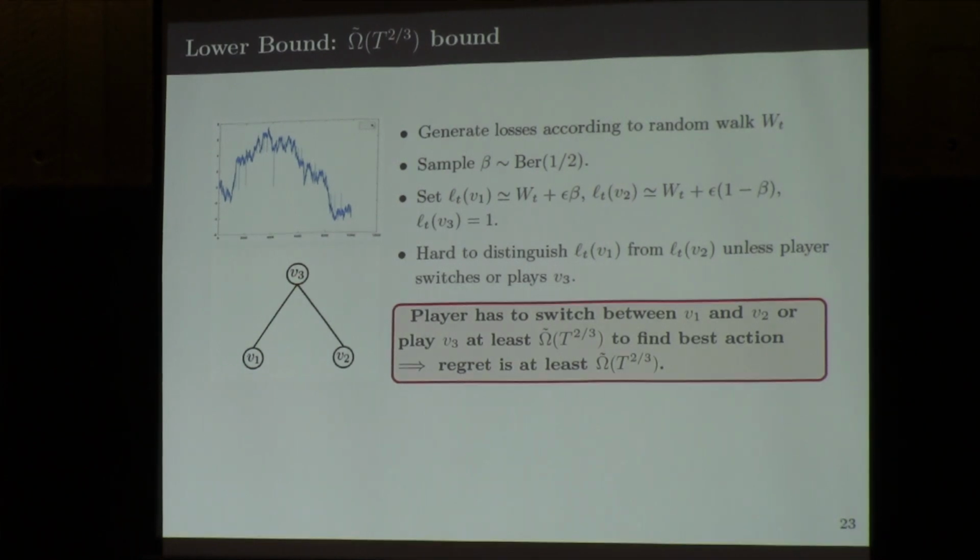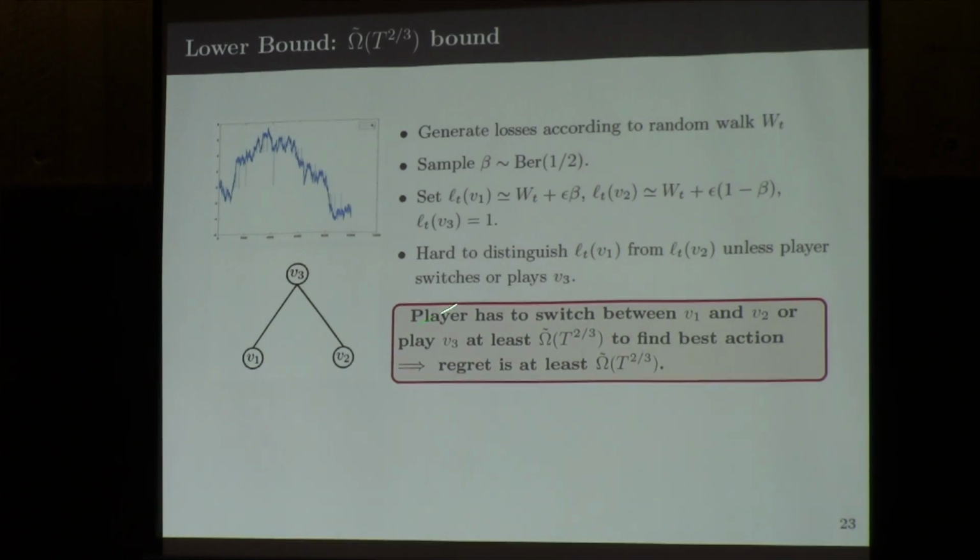V3 incurs a constant unit loss, the maximal loss possible, but it reveals information about V1 and V2. So we can explore if we pull V3, but we'll pay a lot in terms of instantaneous regret for pulling V3. The losses of V1 and V2 we set according to a random walk, which is carefully designed, and we pick in the beginning at random which one is better.